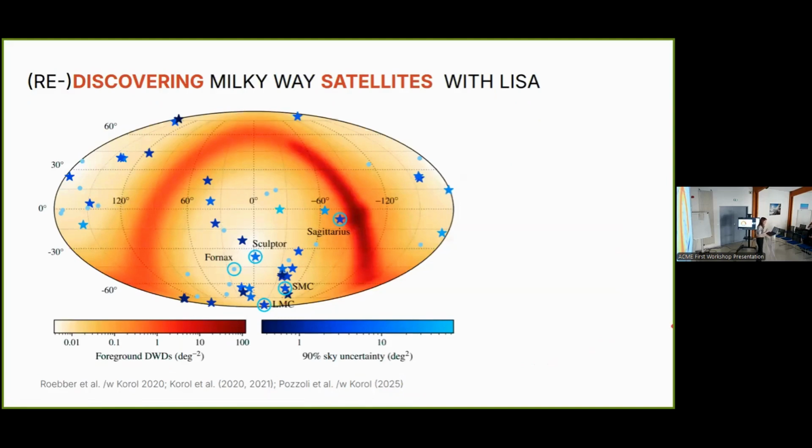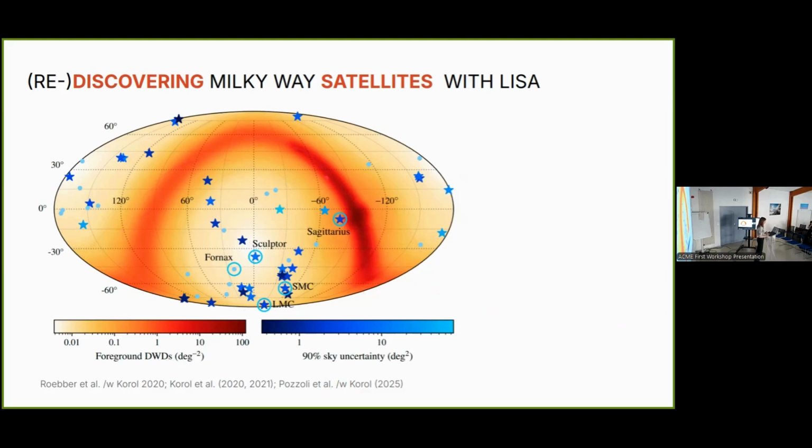So just to start wrapping this up, I showed you that we can see these binaries everywhere in the galaxy, but actually we can go a little bit further out into the satellite galaxies. What you see here is our Milky Way now in a different coordinate system.